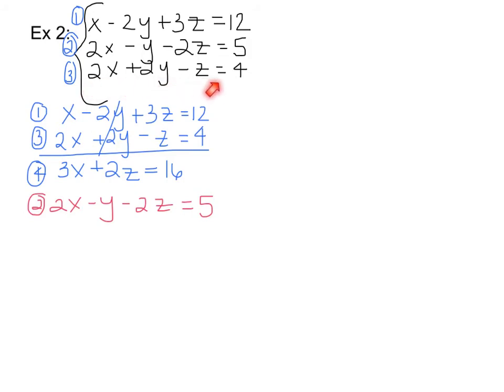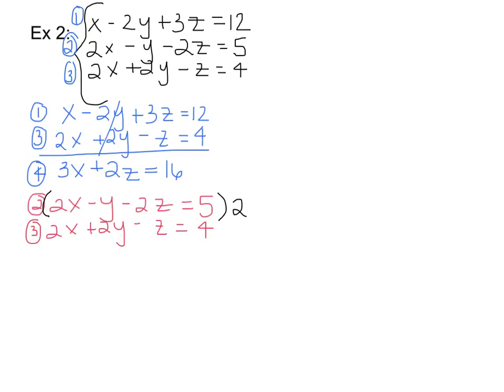I am going to choose to use equation 3 since my y is positive here, okay? So I'm just going to rewrite it. So that gives me 2x plus 2y minus z equals 4. So right now my y's do not eliminate. So I actually need to multiply my equation 2 by 2 to make the y's eliminate.